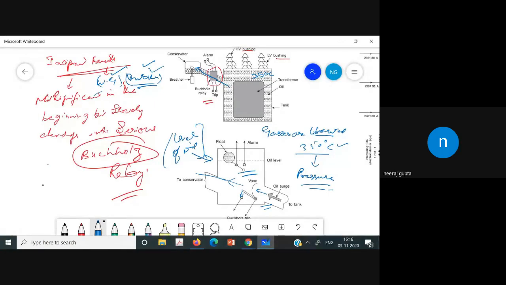However, when the oil level decreases, in case of leakage of the oil or decomposition of the oil, the float will move down, or sink, causing these contacts to close.